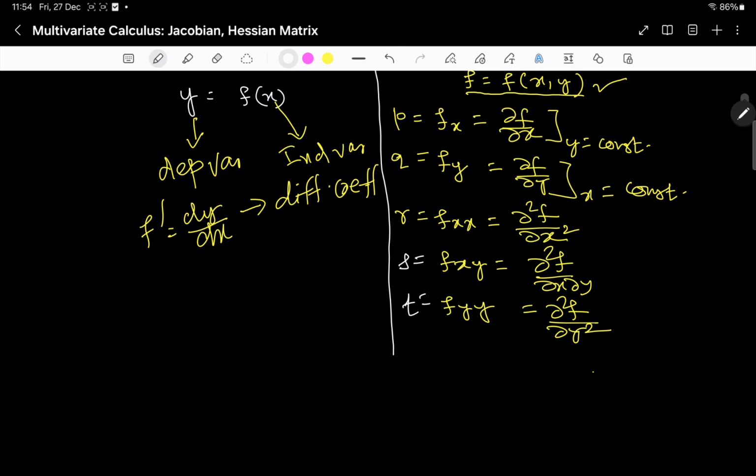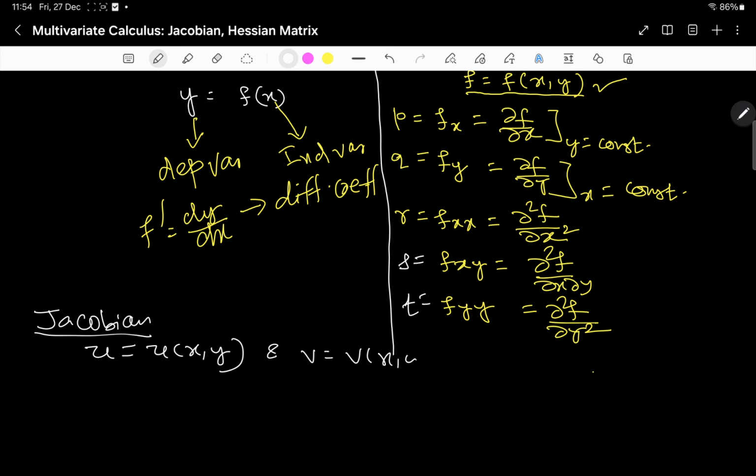Now coming to the Jacobian, suppose you are given u is a function of x and y, and v is a function of x and y.